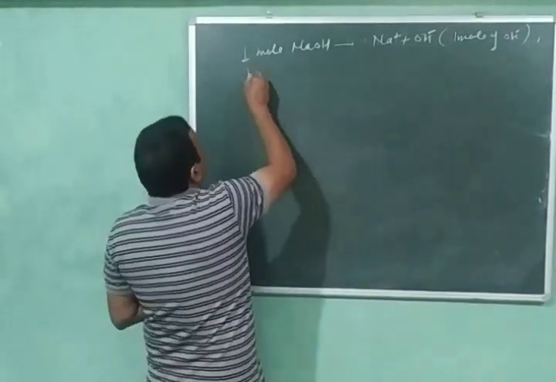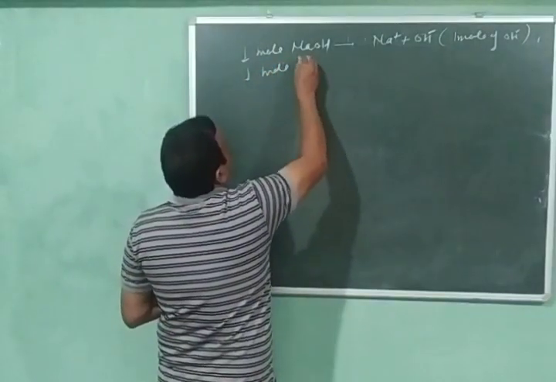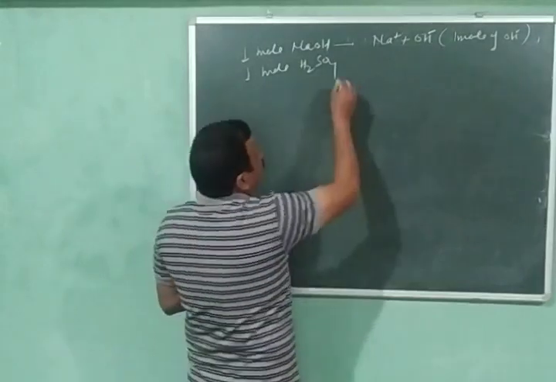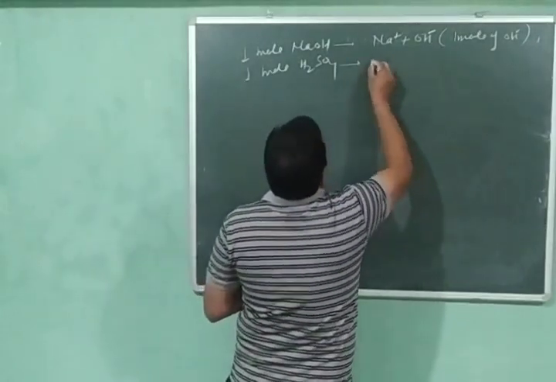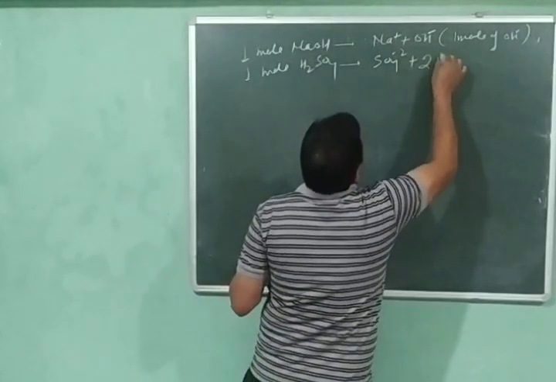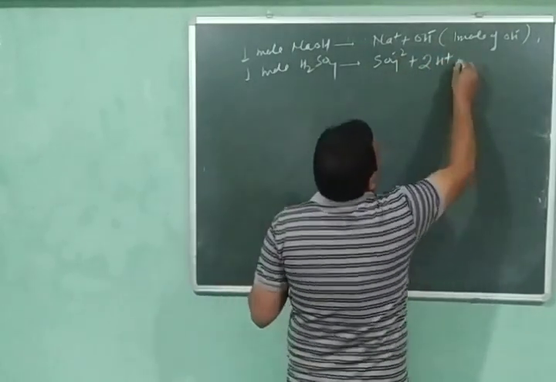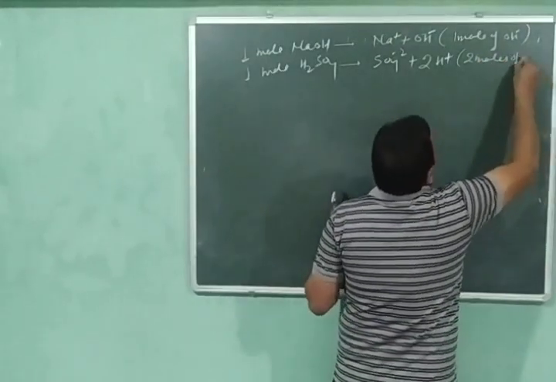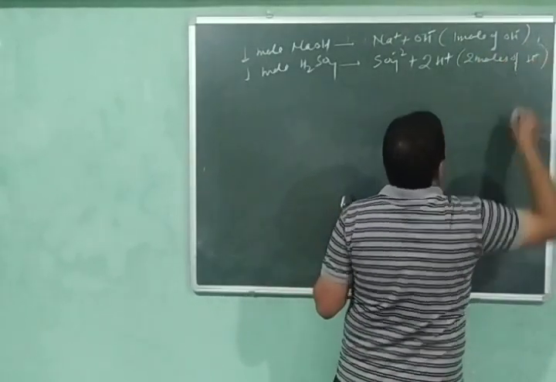And if I take 1 mole of this sulfuric acid, then after dissociation it will give us sulfate ion plus 2 moles, that is 2 moles of H positive ion.